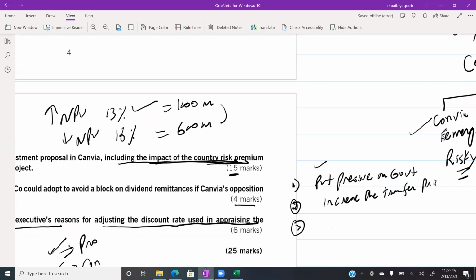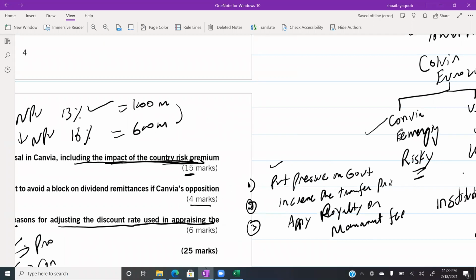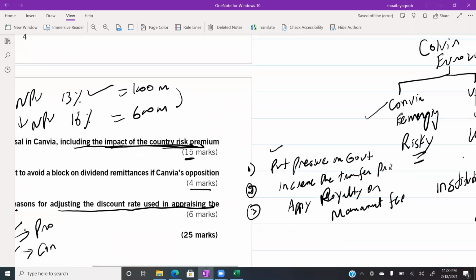Number three, apply royalty or management fee. Apply royalty or management fee to the subsidiary and try to fetch amount from the subsidiary.